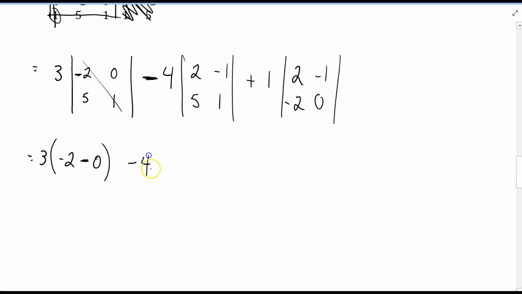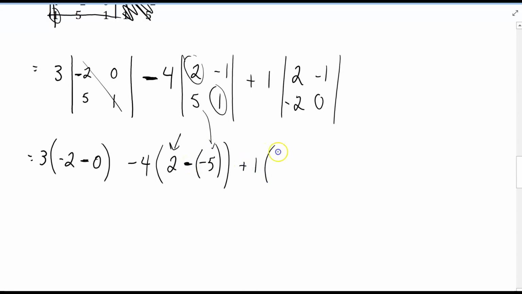Minus 4 is multiplied by 2, subtract minus 5. Right? That's 2 times 1 to get this 2, and 5 times minus 1 to get this minus 5 with a subtract between. And plus 1 times 2 times 0, which is 0, subtract 2, right? Because negative 2 times negative 1 is positive 2.